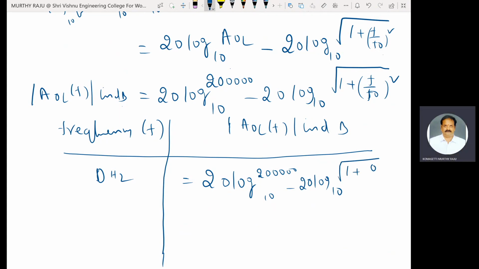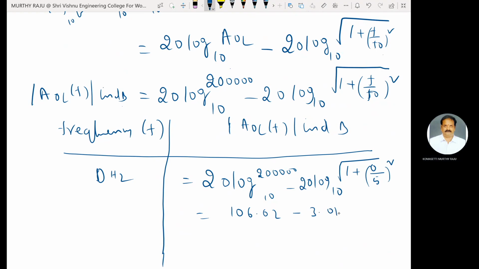The f value is 0, and f naught is 5 Hz, because from the op amp data sheet the break frequency f naught is 5 Hz. 2 lakh is the open loop gain of the amplifier at 0 Hz. Therefore, calculate this value: 106.02 minus 3.01, no, this value is 106 dB.